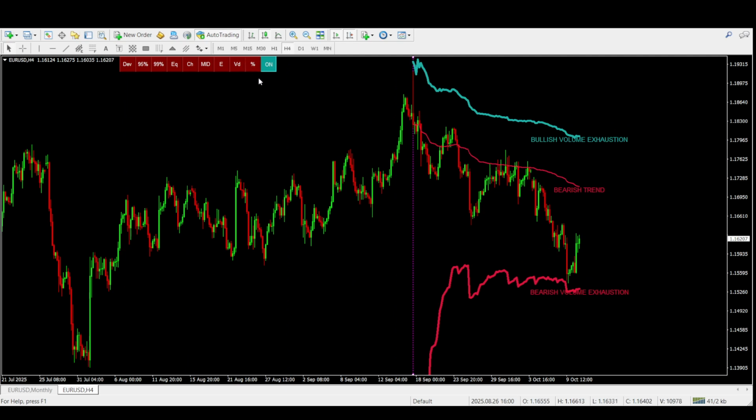The second one, which is quite more important, is this EQ button here, which represents the equilibrium in volume for the current trend. What is the idea? The bullish volume exhaustion and the bearish volume exhaustion lines are calculated based on the Japanese candles and the volume inside them.